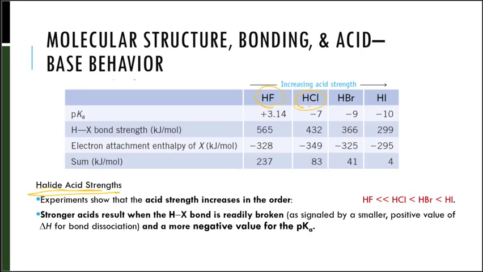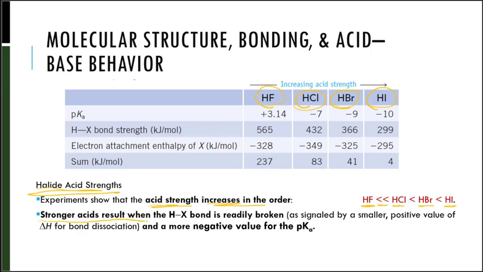Let's look at halide acid strengths. HF versus HCl, HBr, and HI. Experiments show that the acid strength increases in the order of HF being much weaker than HCl, hydrobromic acid being even stronger, and hydroiodic acid being the strongest.